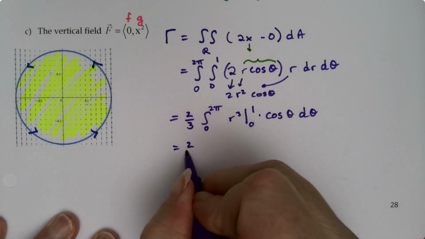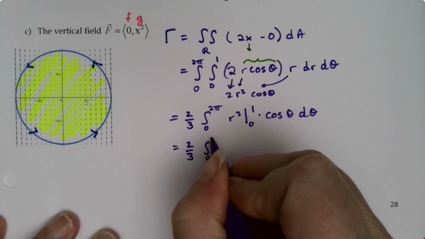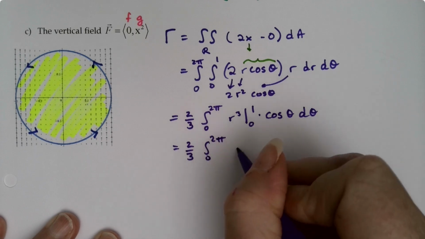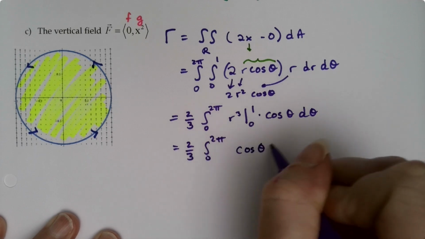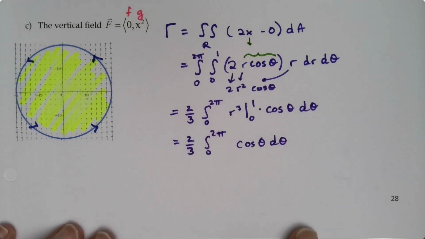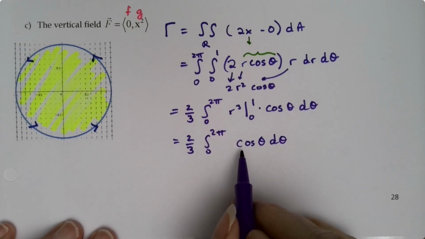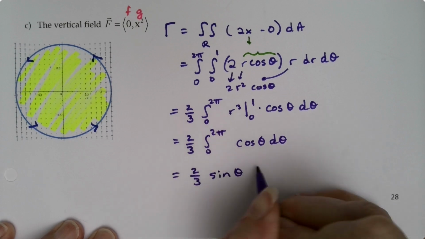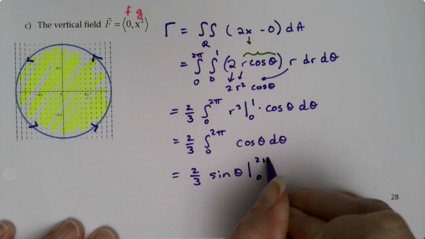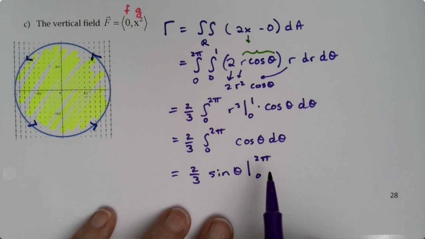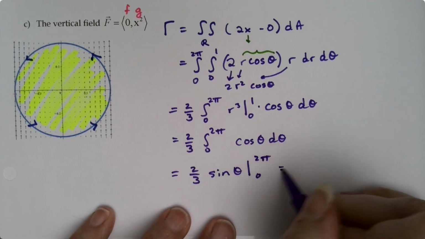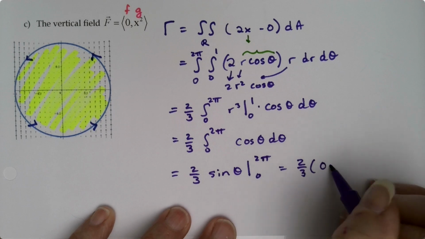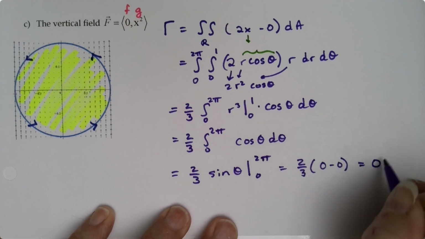So this is 2/3 integral from 0 to 2 pi of 1 cosine of theta d theta. The integral of cosine is sine. So this is 2/3 sine of theta, where it's going from 0 to 2 pi. And the sine of 2 pi is 0. So that's 2/3 times 0, take away 0, which is 0.